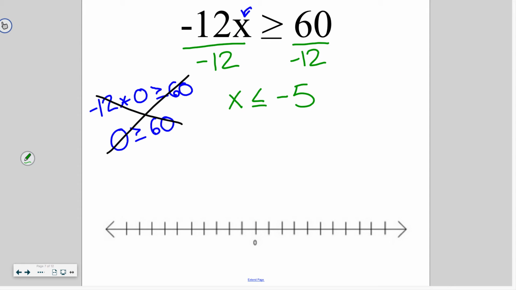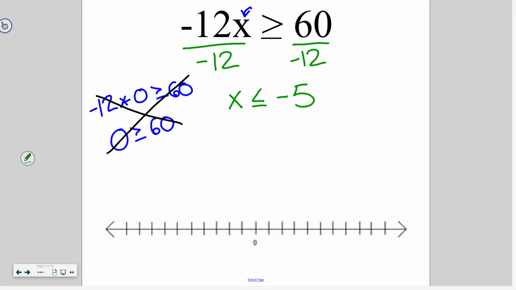Again, as I just showed you, if we don't flip that symbol, we're going to end up with the wrong set of numbers for our answers. So we're flipping that inequality symbol, whatever it started with, you are just changing the direction of it. So now we have our correct answer, which is x is less than or equal to negative 5.